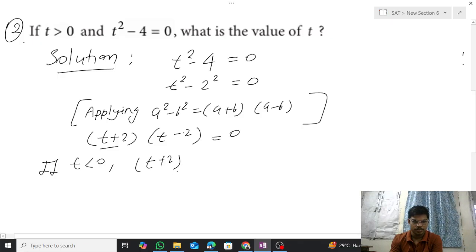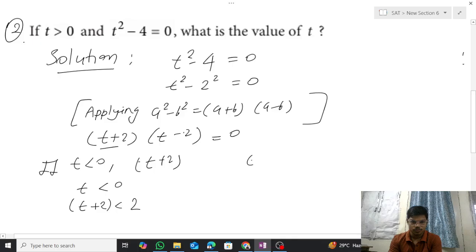Because t is less than 0, t plus 2 should be less than 2.